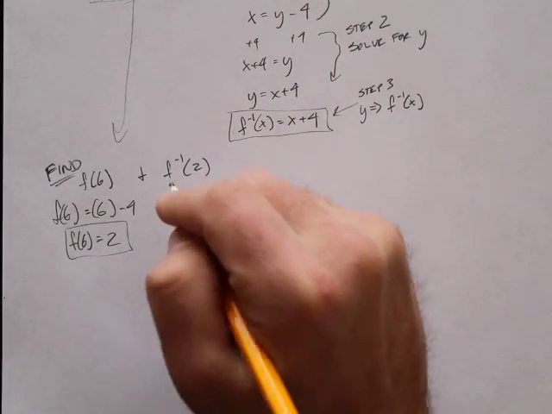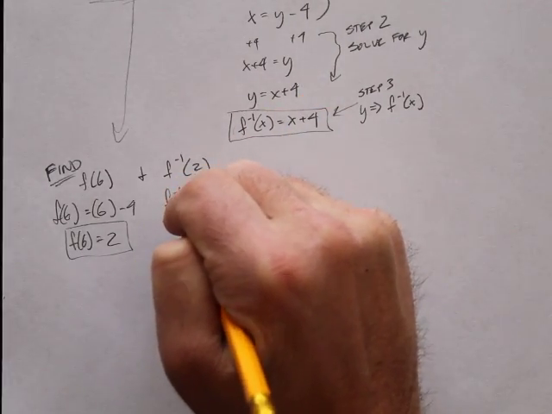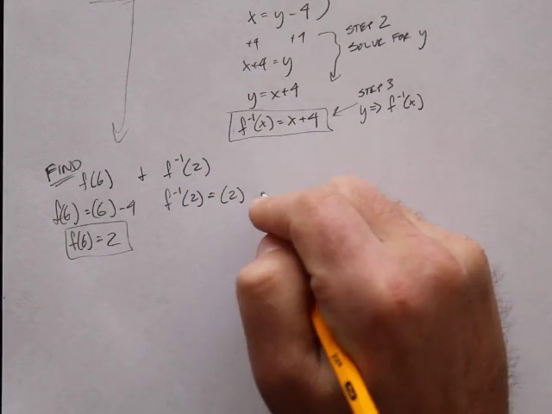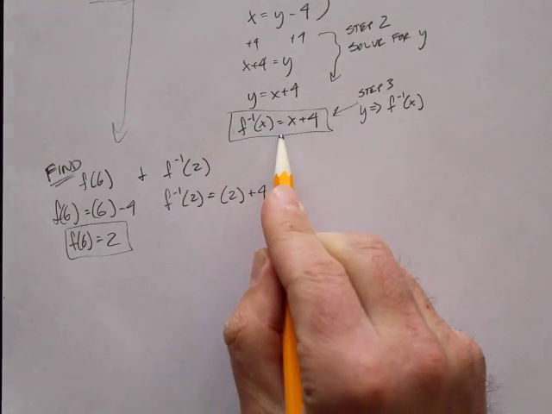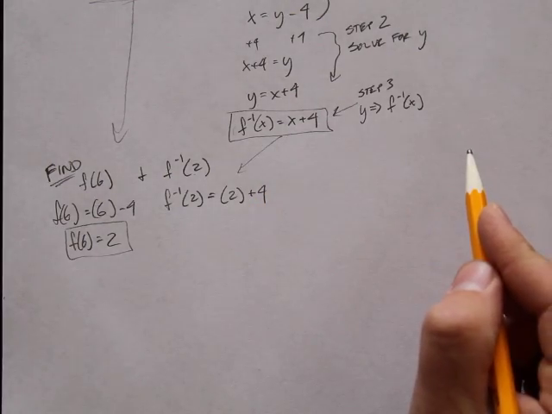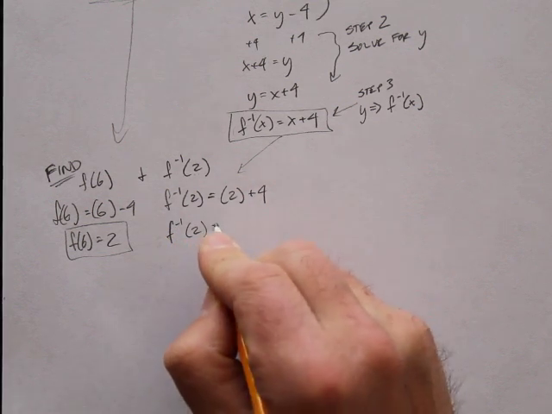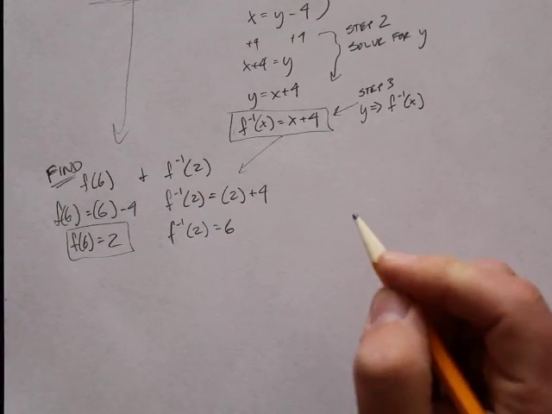So inverse of f of 2 is 2 plus 4. So I'm using this equation here. So inverse of f of 2 equals 2 plus 4, which is 6.